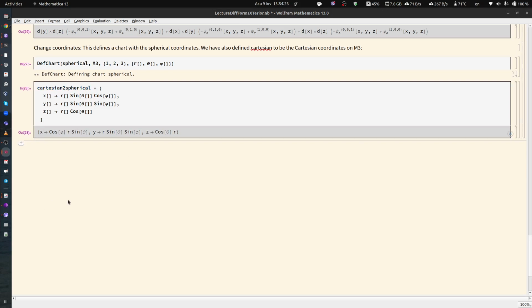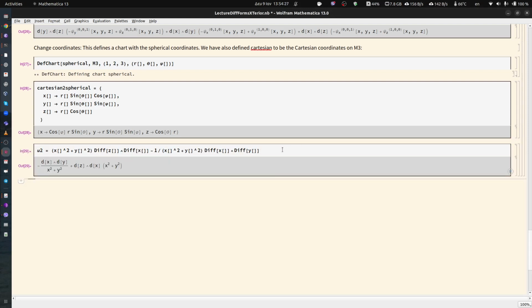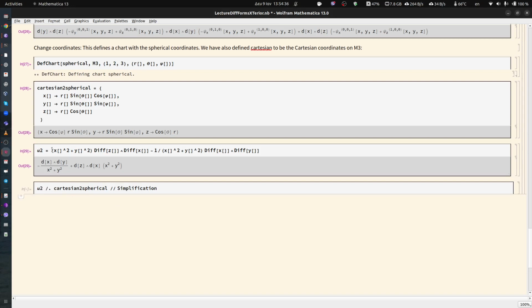So let's consider the form omega 2 again, as before. But now let's make a change of coordinates. We take omega 2 as it has been defined in the previous cell, and we apply the rule Cartesian to spherical. This will substitute the functions x, y, and z by what is defined in the substitution rule.